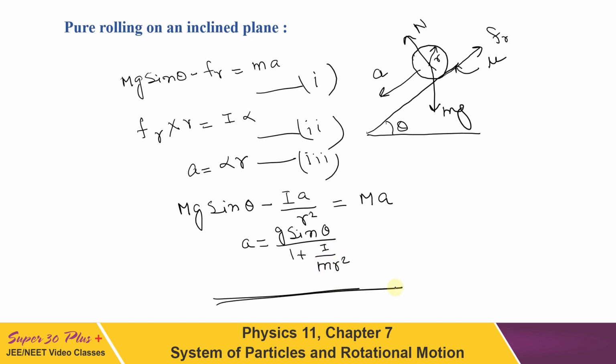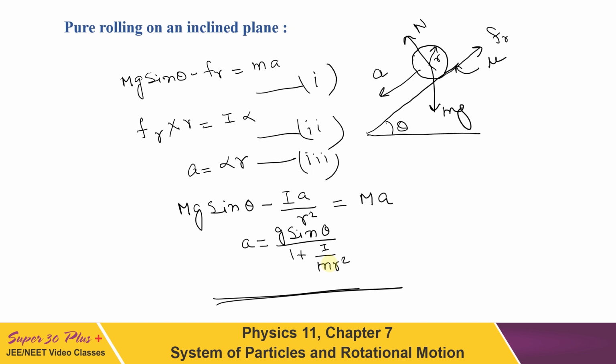You can see it is a general result because I haven't written the value of I. It can have value mr square by 2 if it is a disk, mr square if it is a ring, 2 by 5 mr square if it is a solid sphere, 2 by 3 mr square if it is a hollow sphere, and so on. So based on the situation given in the problem, we can put the value of I. But again I am saying there is no need to memorize the result.